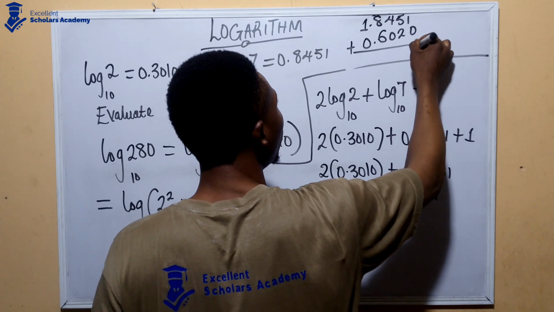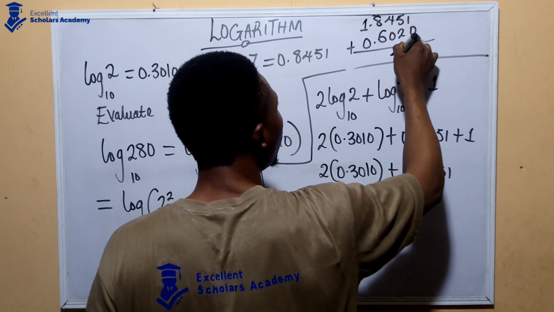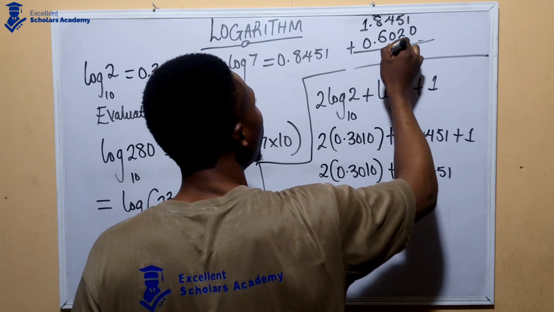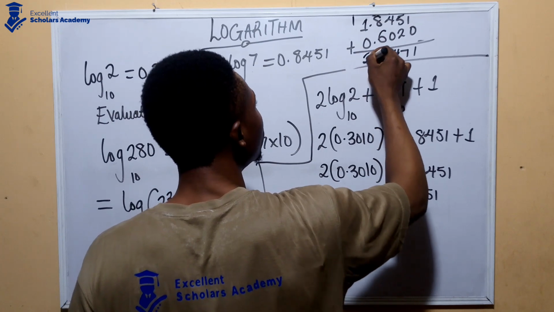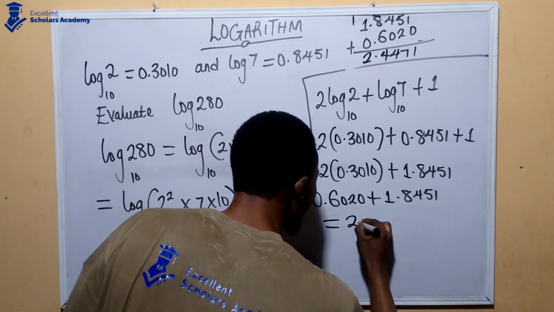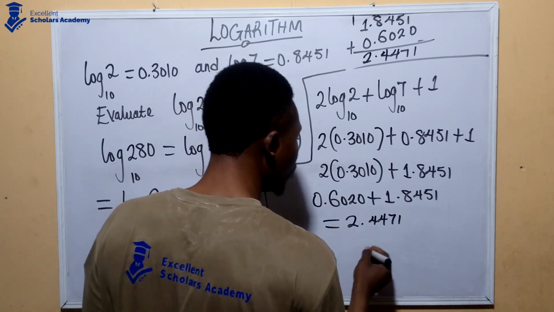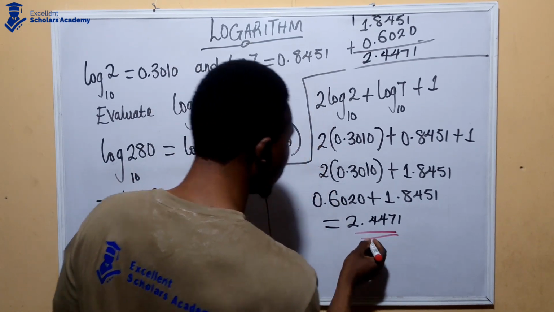So 1 plus 0, 1, 5 plus 2, 7, 4 plus 0, 4, 8 plus 6, that gives us 14. 4, carry 1, point, 1 plus 1 plus 0, that gives us 2. So our answer is going to be 2.4471, right? So 2.4471 is our answer.